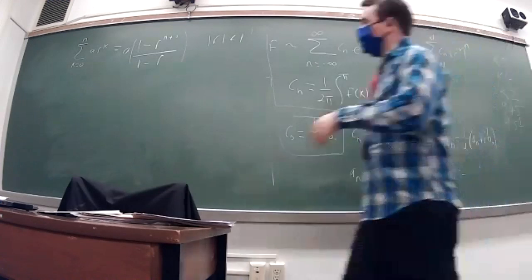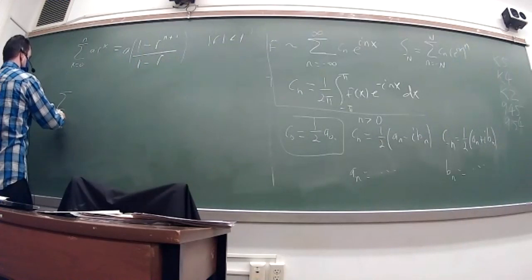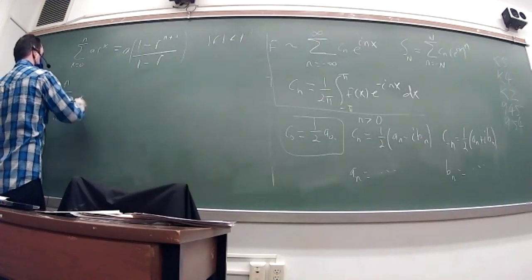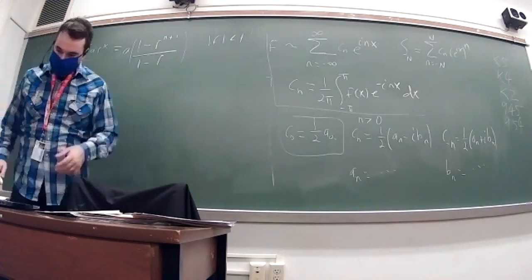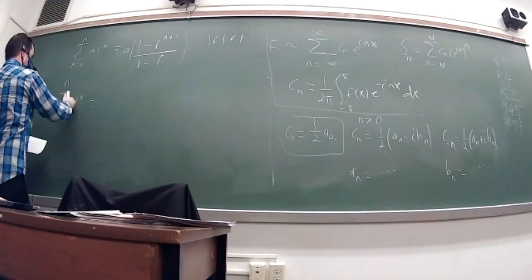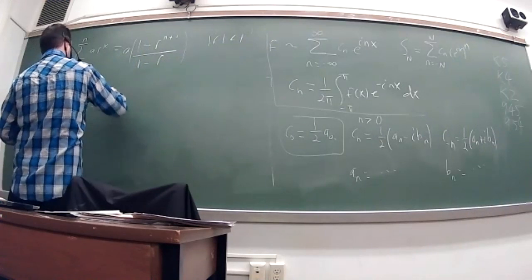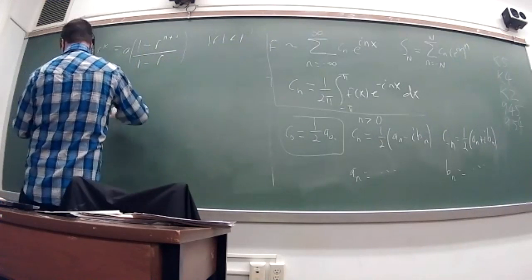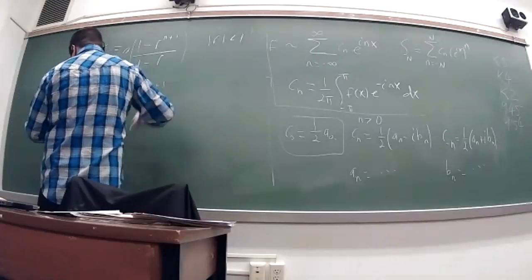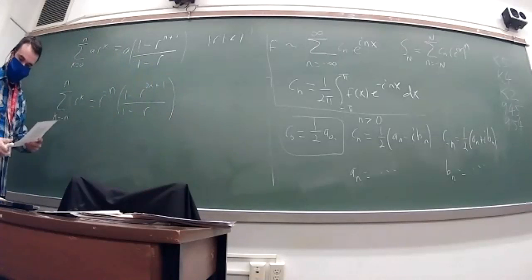But I'll show you the end result of that, which is just to say, if you go from negative n to n, and I guess we're going to take a equals 1, so I'll take that away, you get r to the minus n times 1 minus r to the 2n plus 1 over 1 minus r.